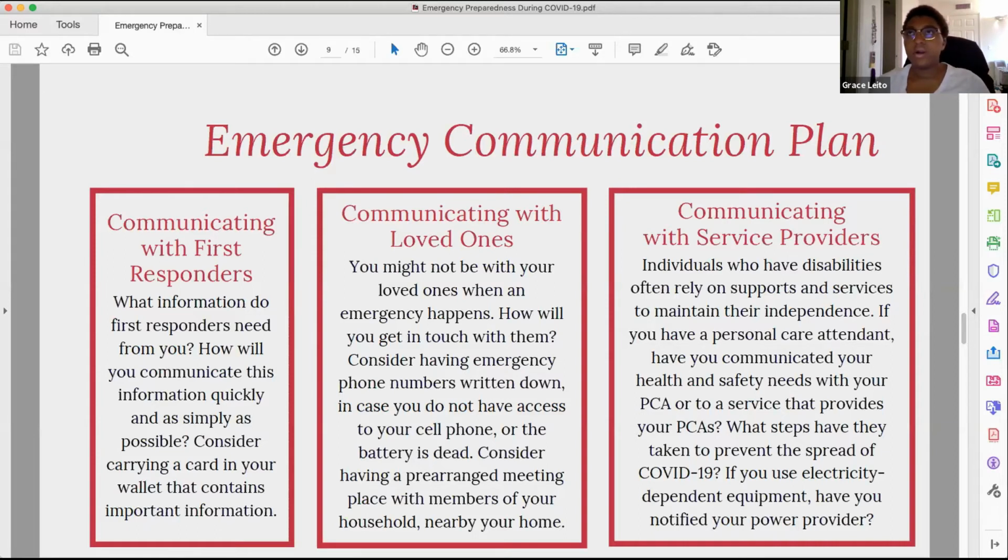So say across the street at a specific building, or maybe outside the neighborhood, just a place that you all can agree on to make sure that you can meet up if you don't have a way to communicate.